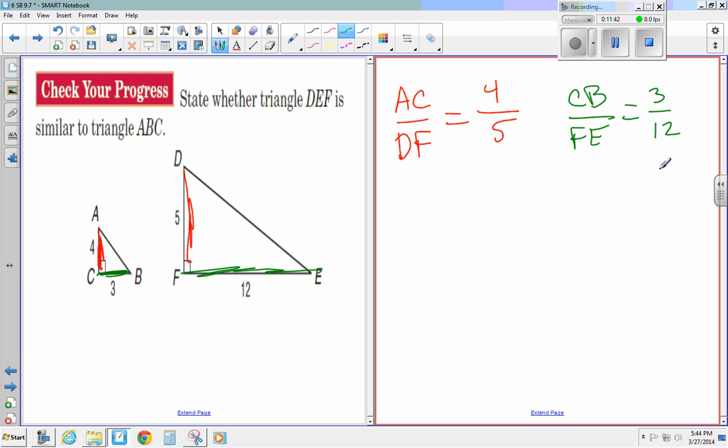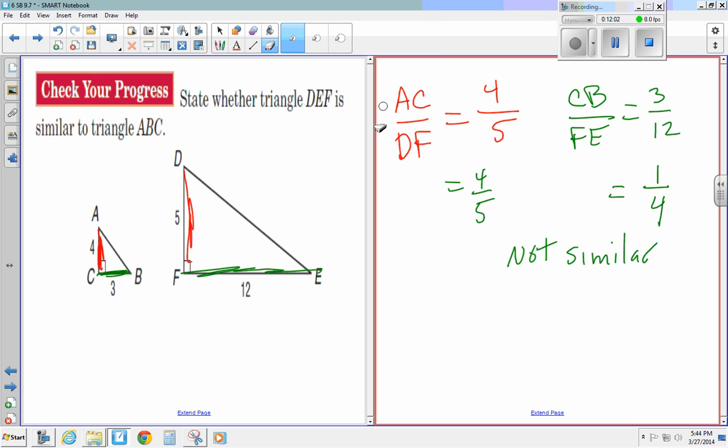When we reduce this, this becomes 1/4. This is 4/5. And you end up with not similar. Now, I'm going to do this one over again. All right, these are not similar.